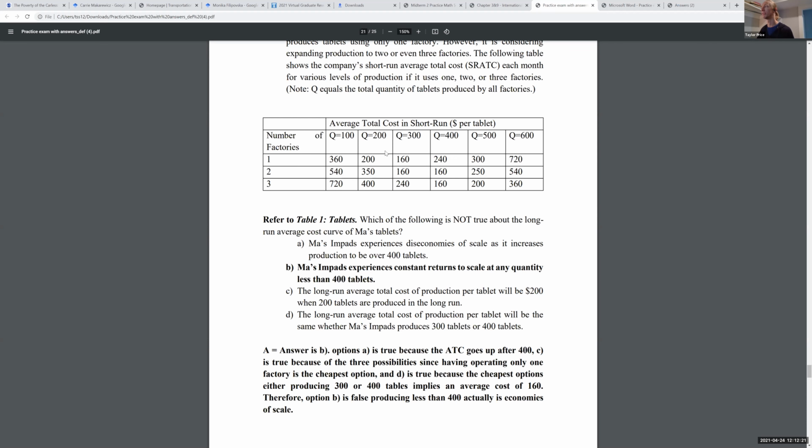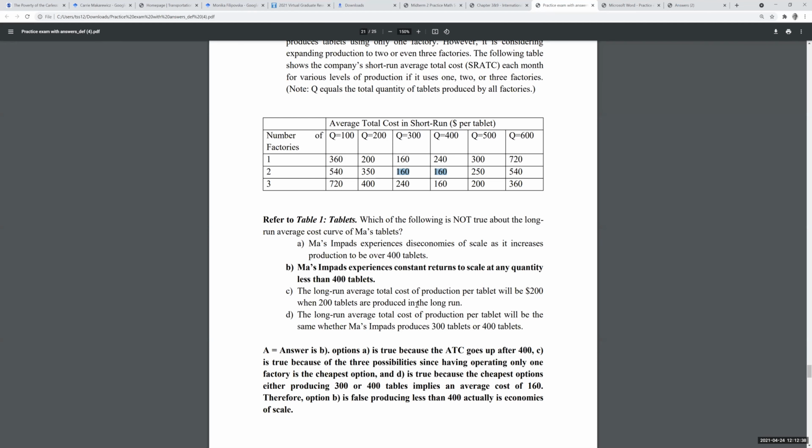Because one factory meets that condition, that one will be true. And then the same for D as well, because factory 2 meets that condition for 300 and 400.